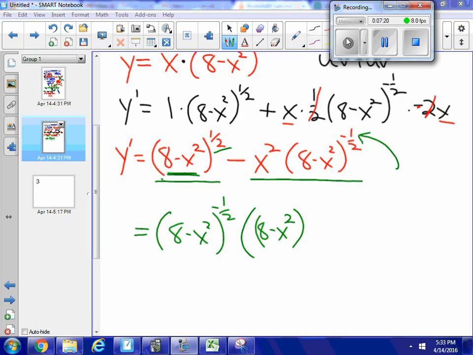And since I've already factored it out over here, it's just going to be minus x squared.